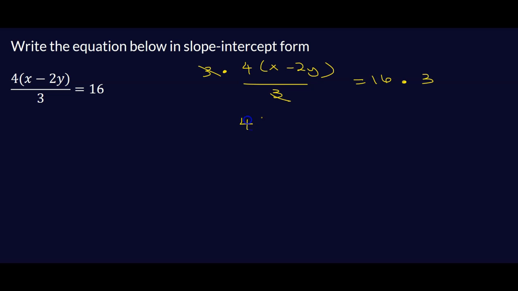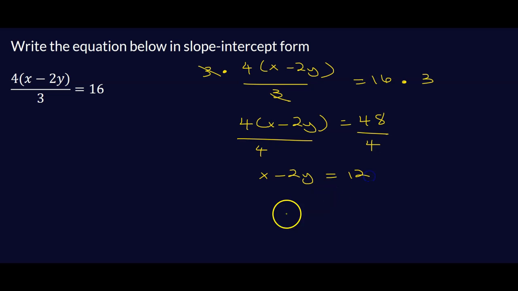So we have 4x minus 2y equal to 48. We can actually go one more step here and just divide both sides by 4, and you have x minus 2y equal to 12. If you don't want to divide this by 4, you can actually distribute the 4 in here, but at the end of the day, you're going to end up dividing. So that's why we'll go ahead and get it out of the way.